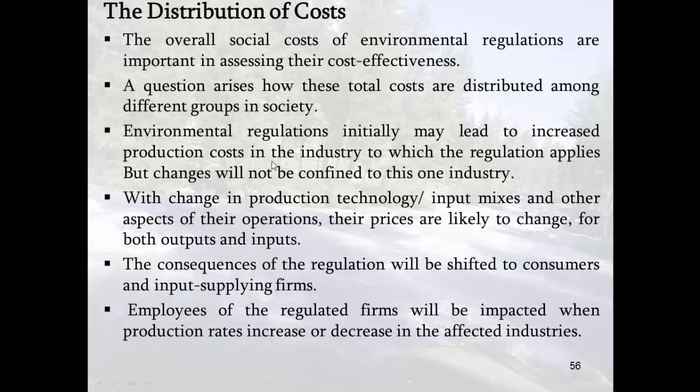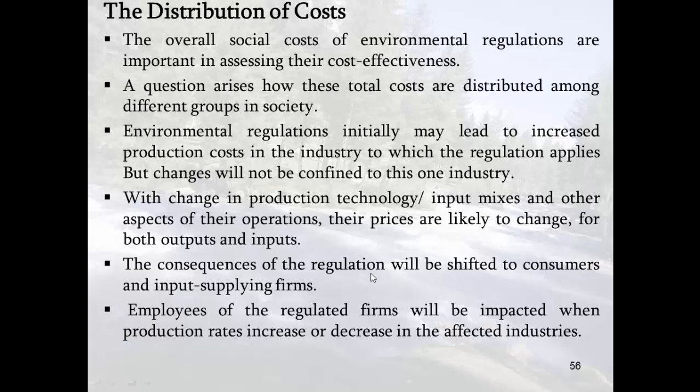As I discussed in this third point, if certain regulations are introduced for environmental protection, then it will definitely lead to changes in the production technology and some other changes. These changes will lead to an increase in the prices of both inputs and output.